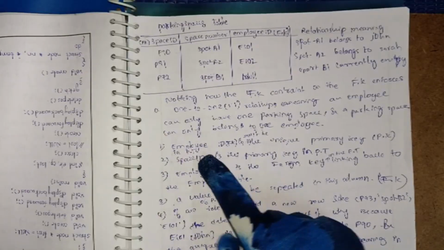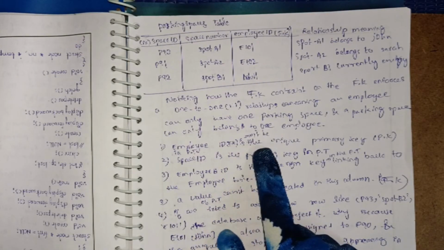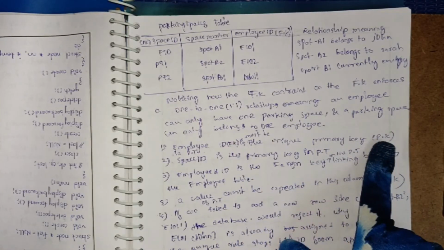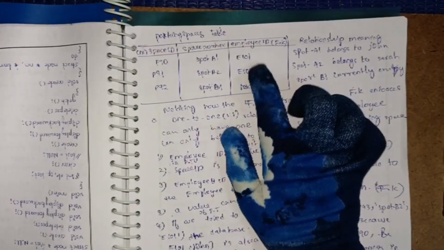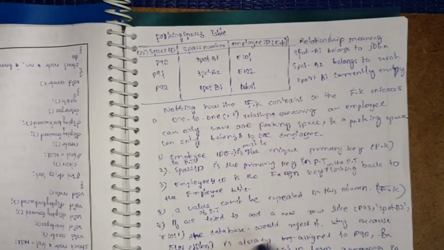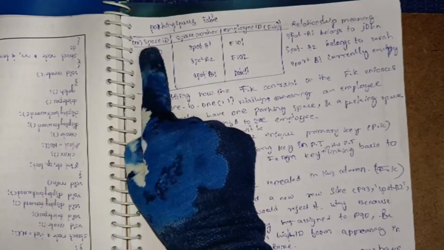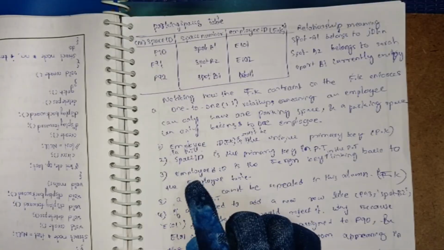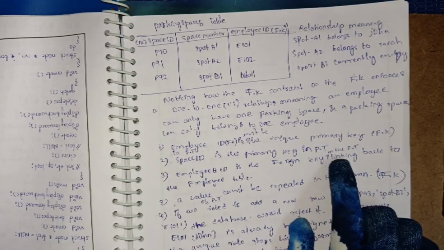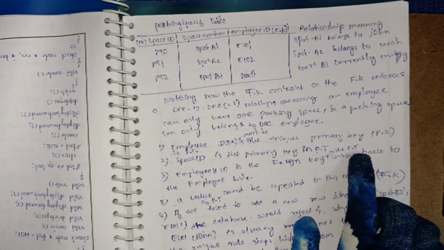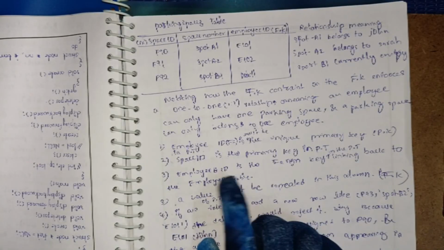And then the employee ID foreign key must be unique, it must not be duplicated. Space ID is the primary key in the parking table, and employee ID is the foreign key in the parking space table, linking back to the employee table's employee ID.